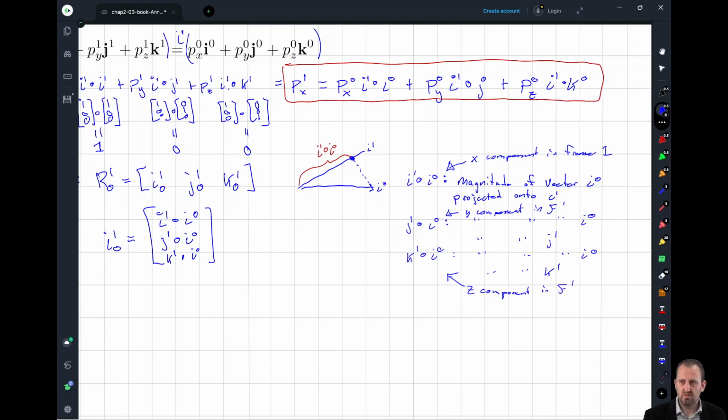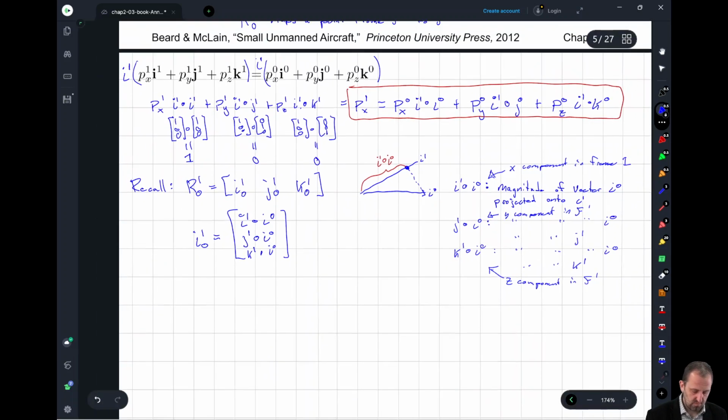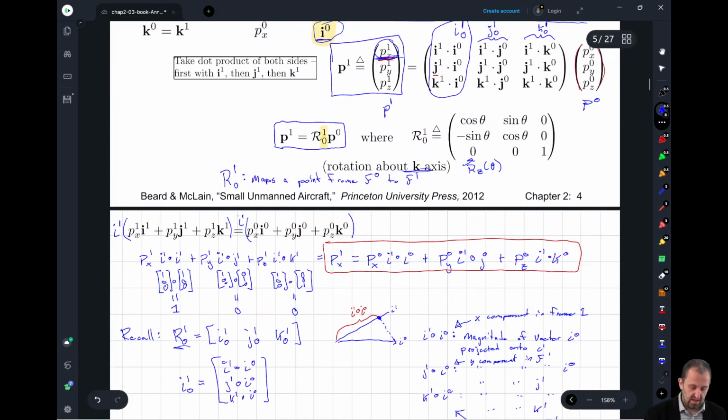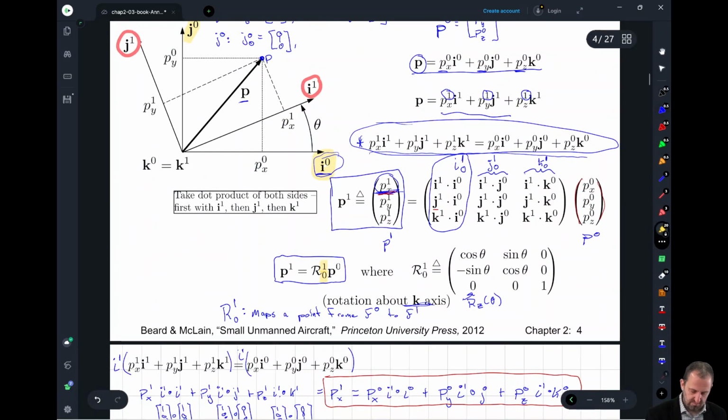We're just taking that vector I naught and projecting it onto each one of the other elementary vectors of frame 1. That's how we can relate what we talked about previously: the rotation from frame 0 to frame 1 is just the elementary vectors of frame 0 expressed in frame 1 coordinates. So pretty cool, and I love this relationship that the book so cleanly defined.